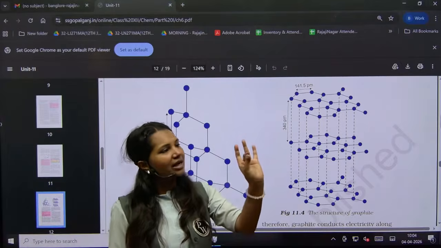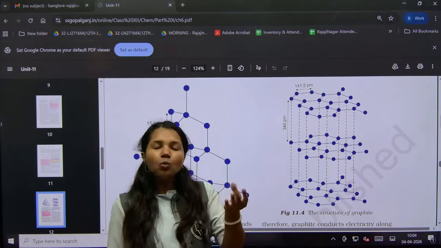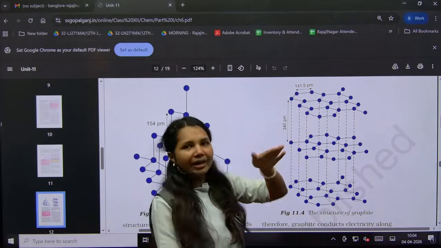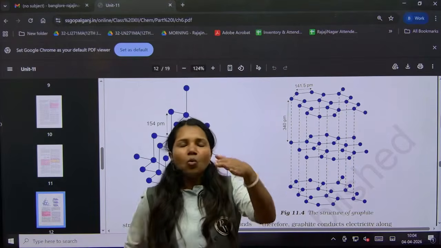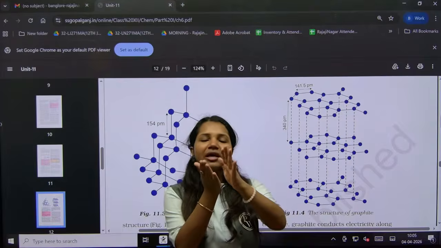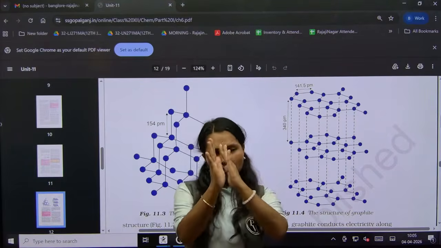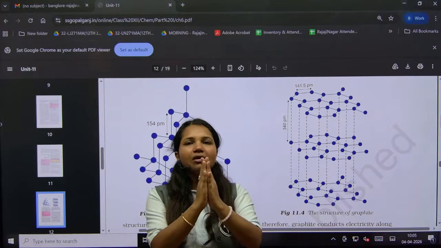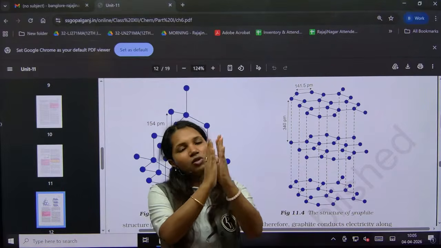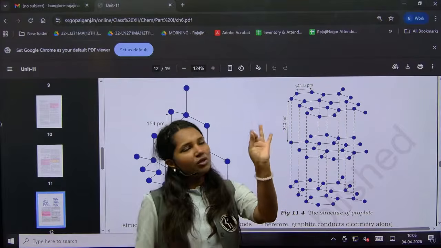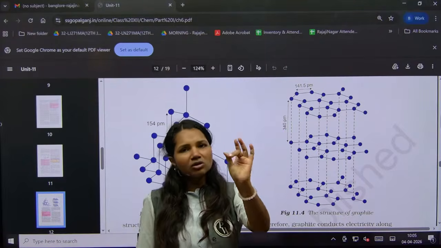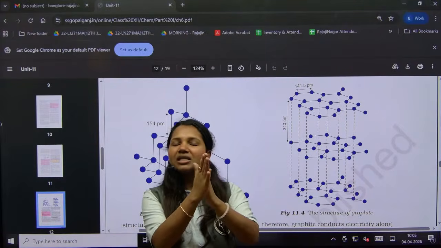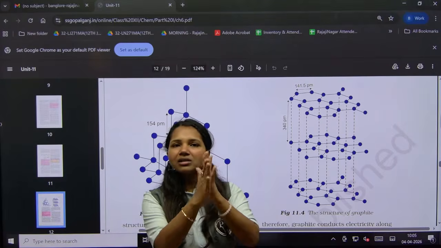Why does it slip? One layer and another layer are held together by weak van der Waals forces. The bonds between these layers can be broken easily, so when we apply force, the layers slip like this.